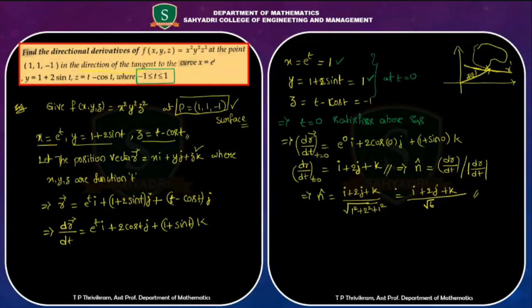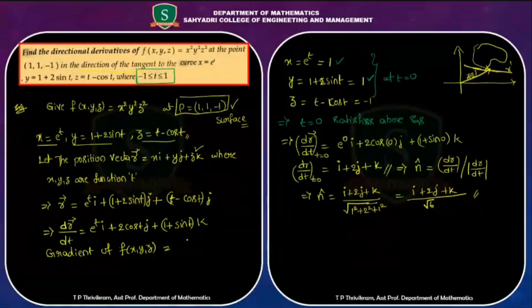Now we still haven't found the del f value. So here I am finding the gradient of f(x, y, z), which is nothing but del f.